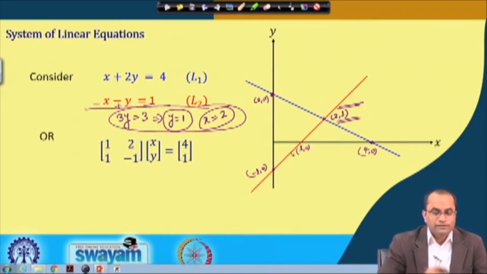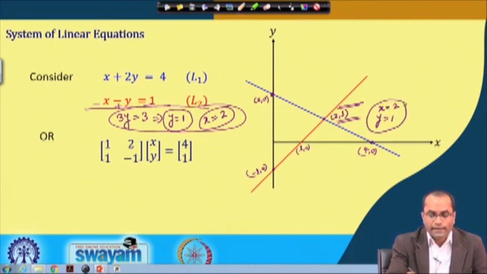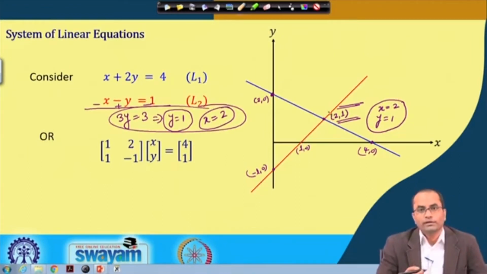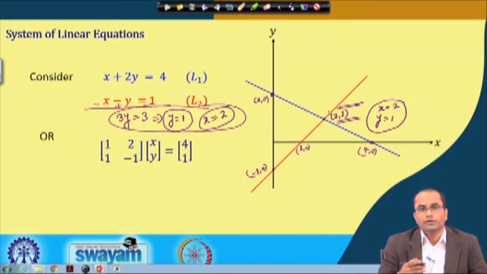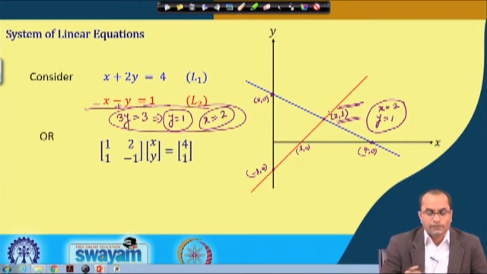The solution is the point of intersection, and this is the only point where these two lines intersect, or the only common point on both the lines.